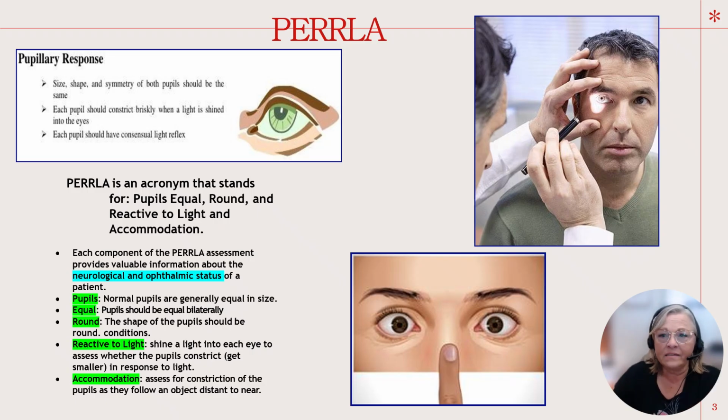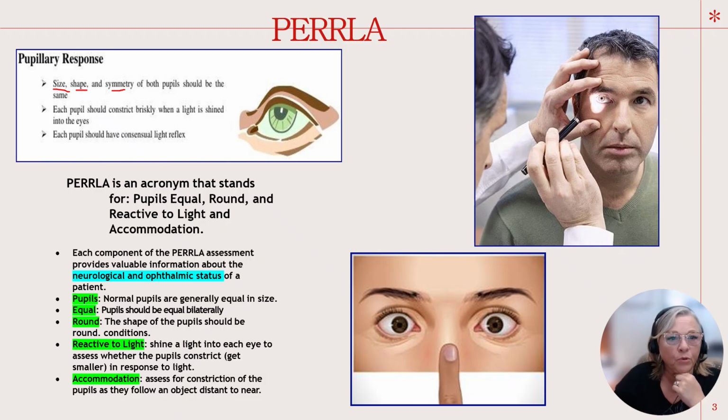The size, shape, and symmetry of both pupils should be the same when a human does not have a neurological impairment. That's an expected finding, okay? So size, shape, and symmetry, meaning the equalness, should be the same.